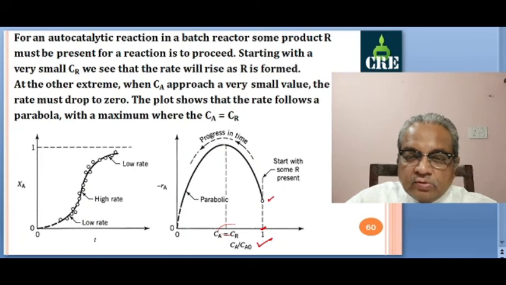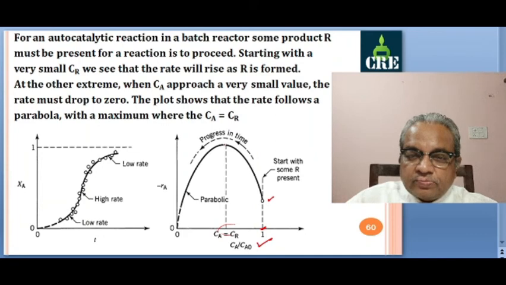Catalyst is there, but A is consumed. More and more A is consumed, so A is depleting. So here Ca equal to Cr is the point of maxima, and let us say here Ca equal to Cr, that means 50% of A and 50% of R, let us say.